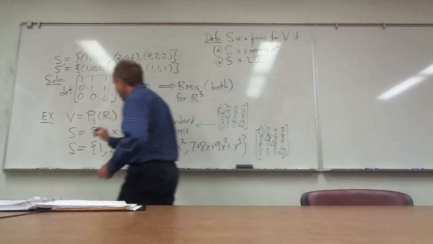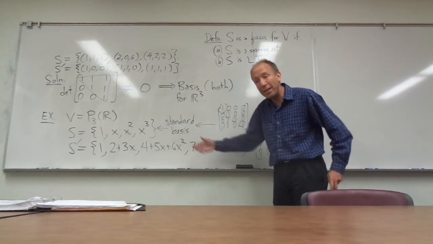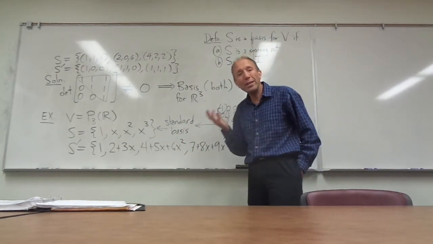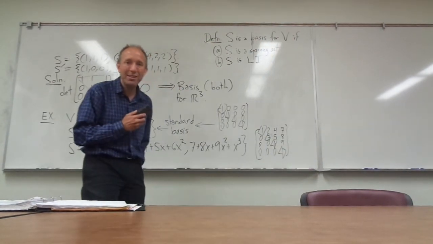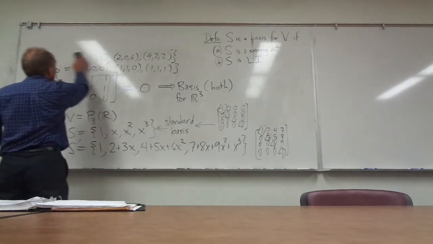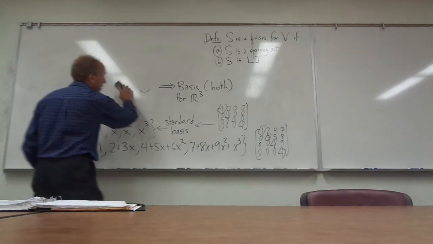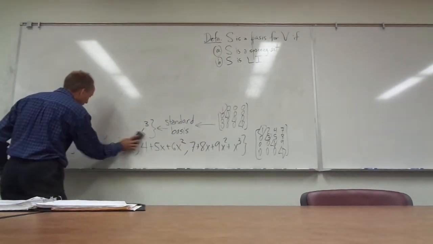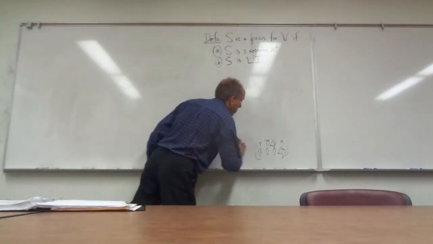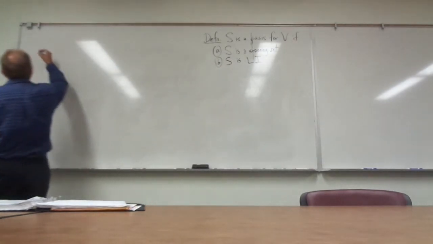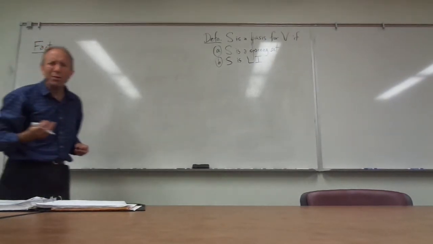I guess I could call this one S prime. We don't have the same vectors in these two sets, but there is one thing that they do share in common, and that is the number of vectors that you see there. In fact, that is a property that is shared by all bases, the number of vectors.